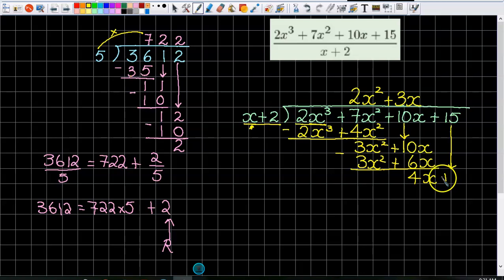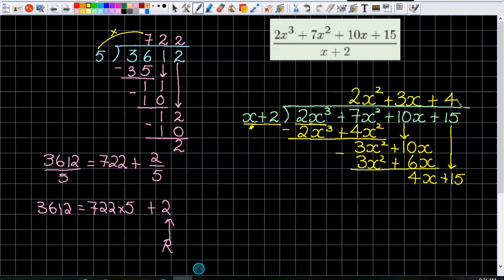Bring down the 15. And nearly there. What do I have to times x by to get 4x? Correct, 4. And, you know, I like it. My x squareds are all in line, my x's, my constants.